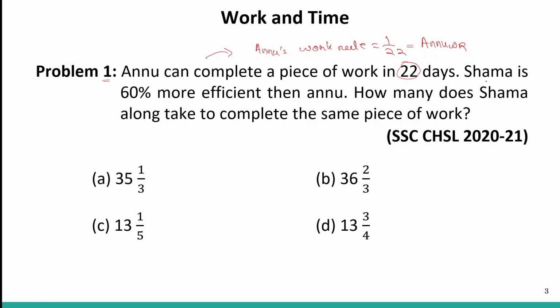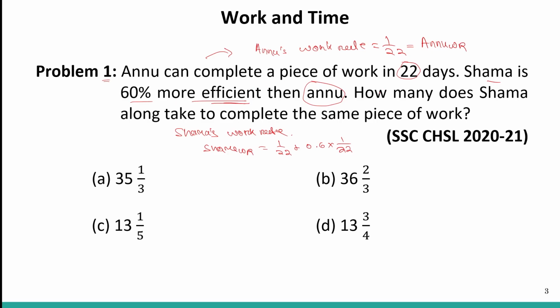Sama is 60% more efficient than Anu. So if Anu's work rate is 1 by 22, how many days does Sama take? Sama's work rate, denoted by Sama WR, is equal to 1 by 22 plus 0.6 into 1 by 22, because she is 60% more efficient.